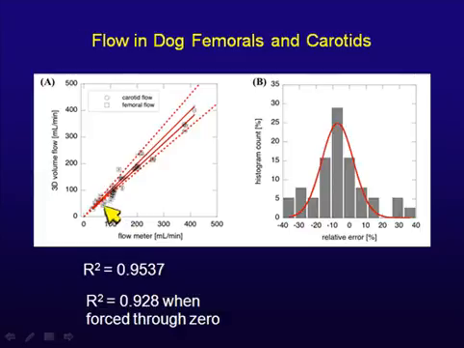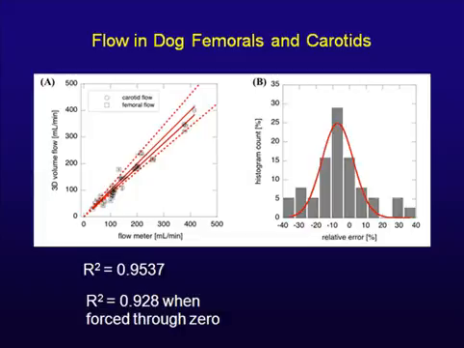So we now plot these different flows as a function of a flow meter measurement where we had a flow meter on the artery of interest. So we had gold standard measurements of all of these. These lines are plus or minus 15%, and you can see that these measurements are really tight around the correct measurement.